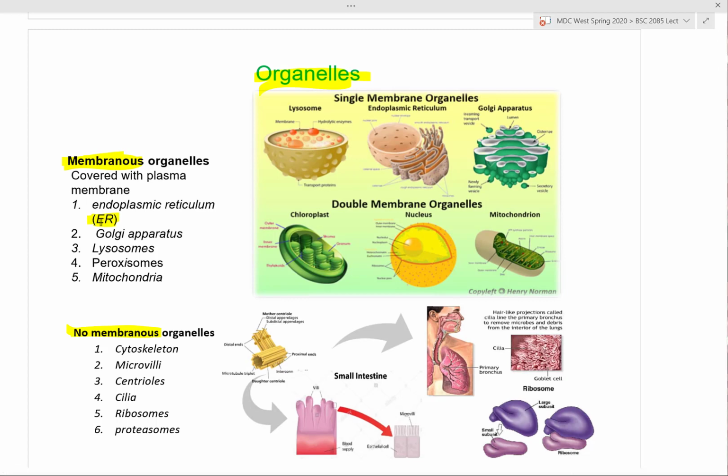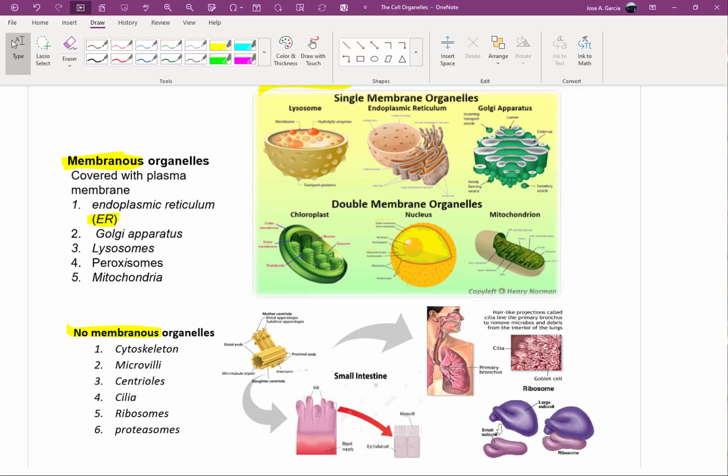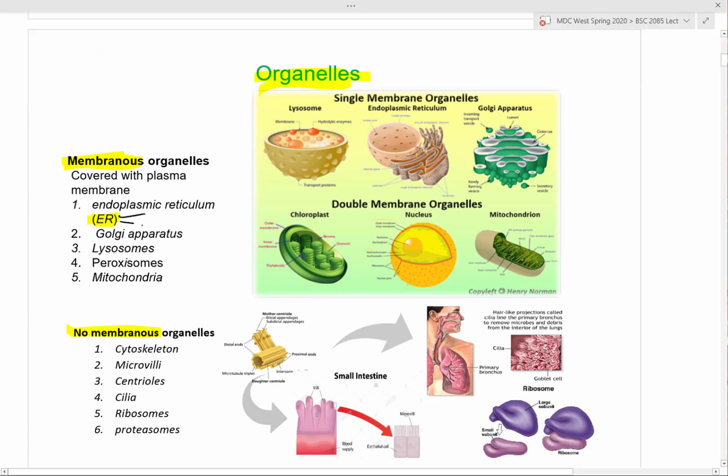It would be both the smooth or the rough endoplasmic reticulum. So you know, ER has two of them. One is smooth and the other one is rough. Okay? So ER is smooth or rough. You're going to see me writing it like this, SER or RER. S for smooth, R for rough.